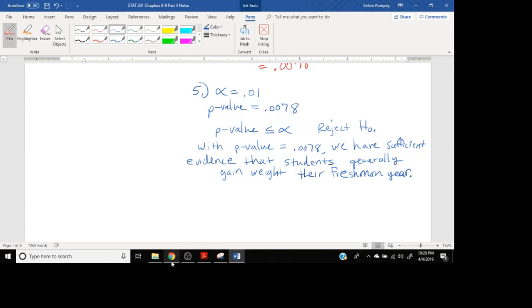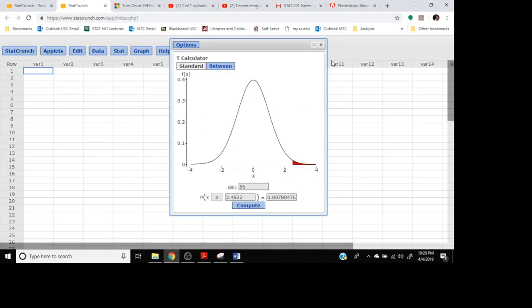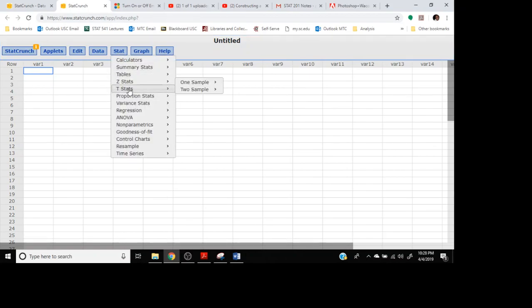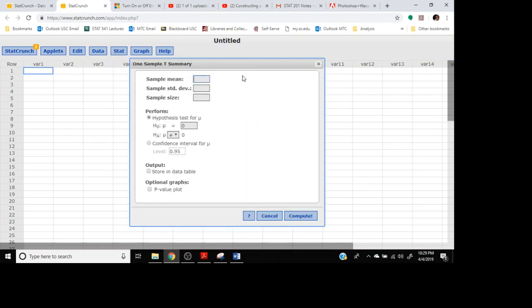Now if we want to check ourselves, we can go back to StatCrunch. If I want to check myself, I can go to Stat, T-stats, because we use a T statistic. We only have one sample here. We'll get to two samples later. Now I'm going to say with summary. All right.